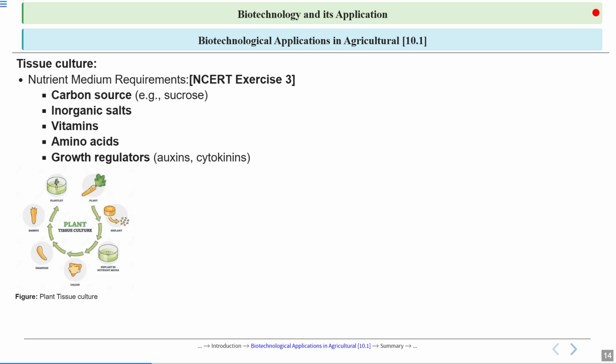So these are the 5 requirements that should be in the nutrient medium for the explant to grow. First is the carbon source, the source of energy, which could be sucrose. Then inorganic salts, vitamins, amino acids, and growth regulators, that is auxin or cytokinin.